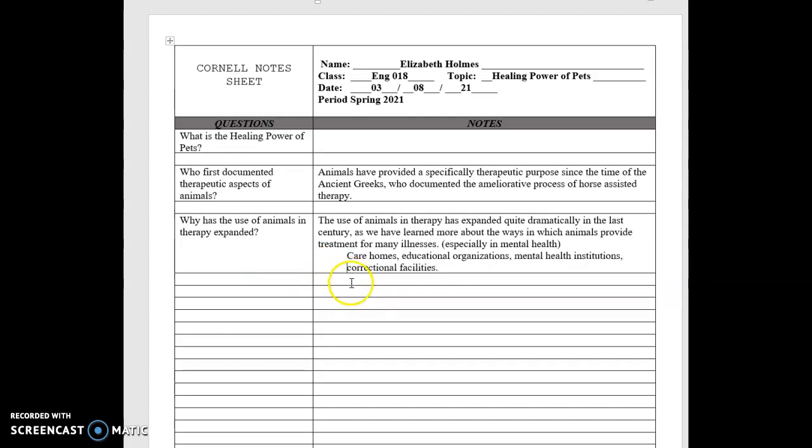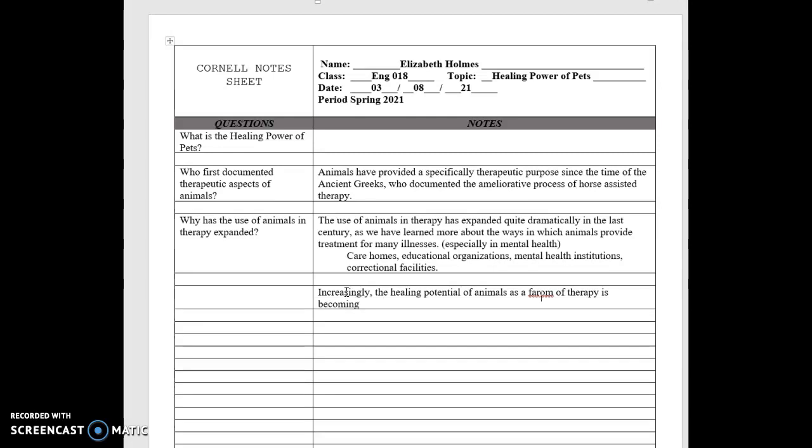So now I skip a space and I go to my next thing I've marked, which is at the last paragraph in the left-hand column. Increasingly, the healing potential of animals as a form of therapy is becoming apparent.